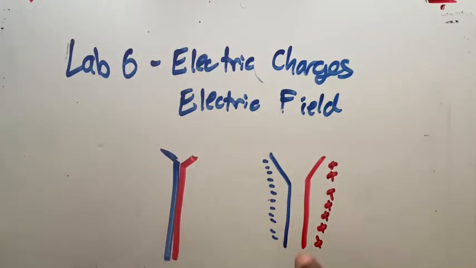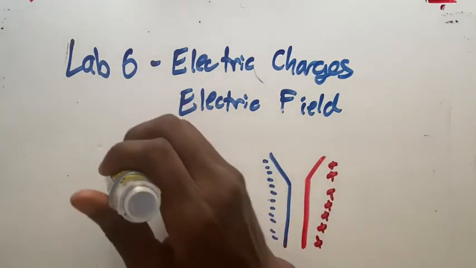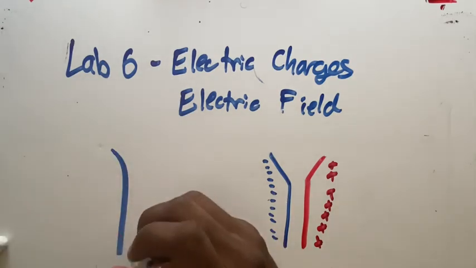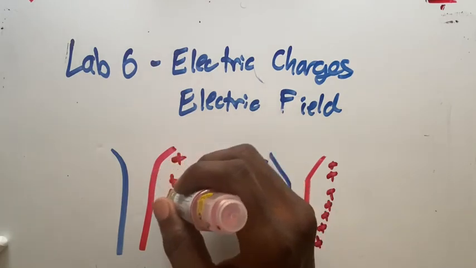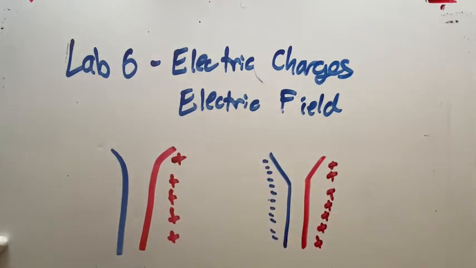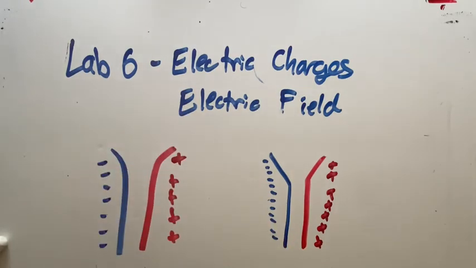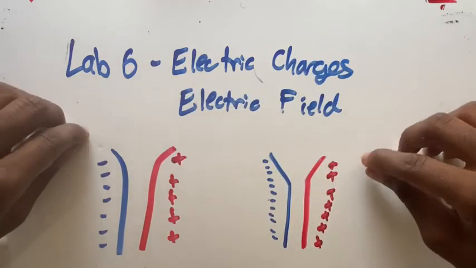And now let's say you do that experiment with another pair of tapes. So do it again with another pair of pieces of tape. So you rip these two apart and you rip these two apart.